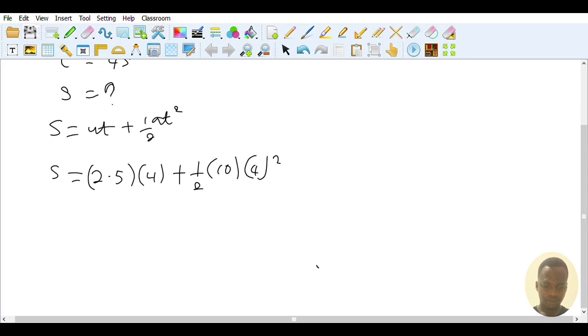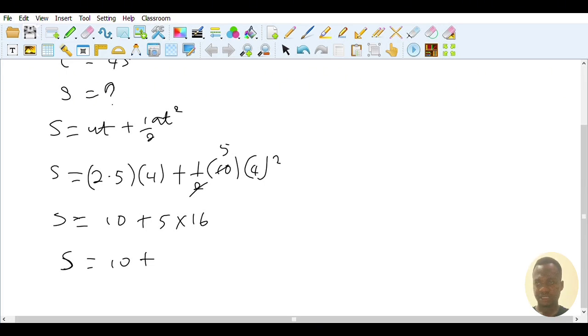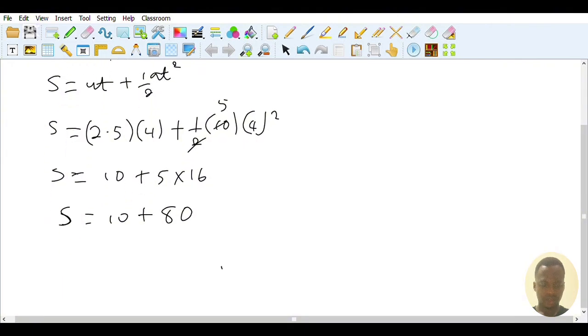Okay, so S is equal to 2.5 times 4 is going to give us 10 plus, this can divide out, this gives us 5 times 4 squared is 16. So S is equal to 10 plus 5 times 16 is 80, and 10 plus 80 gives us 90 in meters.